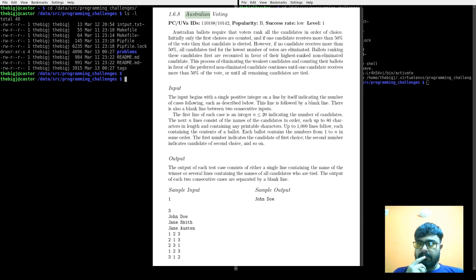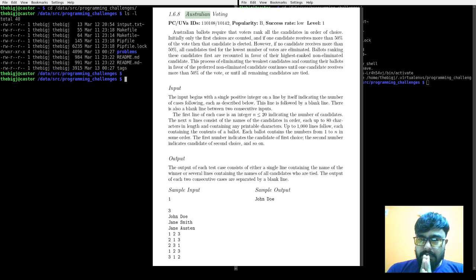This process of eliminating the weakest candidates and counting the ballots in favor of the preferred non-eliminated candidate continues until one candidate receives more than 50% of the vote, or until all remaining candidates are tied. I am not understanding what this is trying to say.